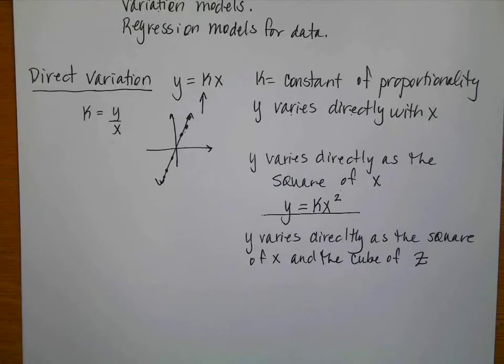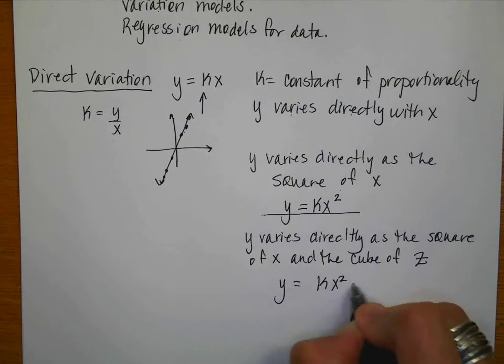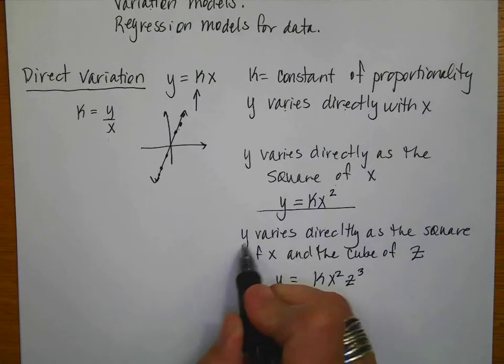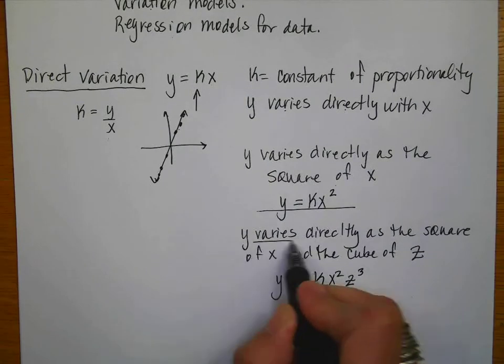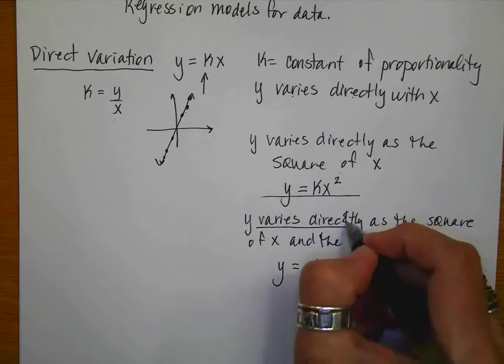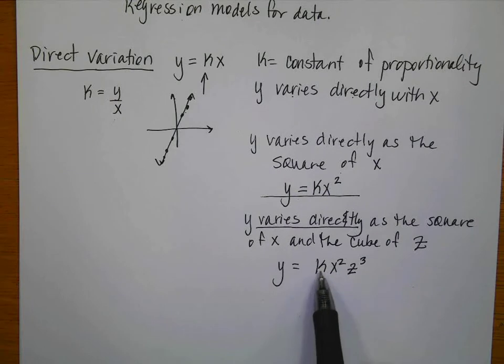And so then I would just write that equation, and then y would equal kx squared z cubed. So the key thing to notice is as a variable varies directly. Ooh, I spelled that wrong. My bad. Got an extra little L in there. When something varies directly, it's going to generate a constant, and I can always solve for that constant by isolating that variable in the equation.